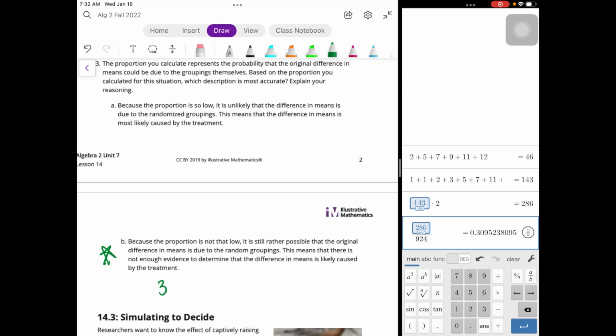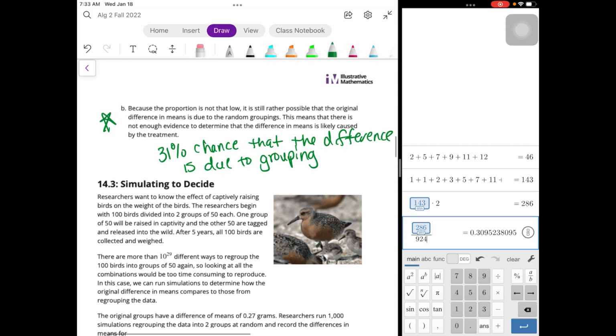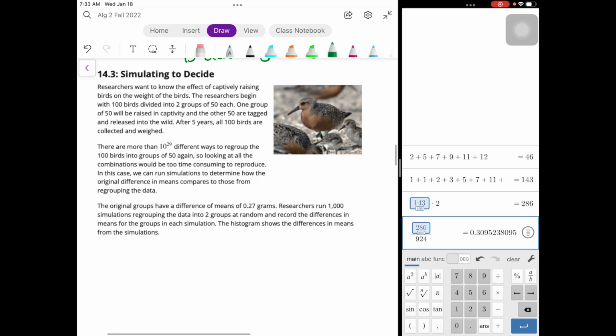There's a 31% chance that the difference is due to the grouping. 31% is pretty high.